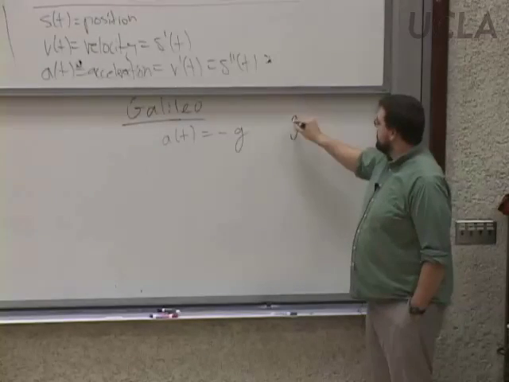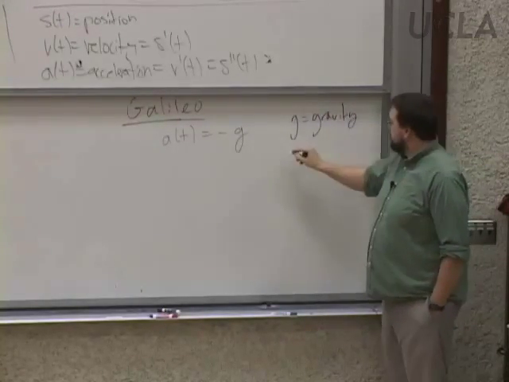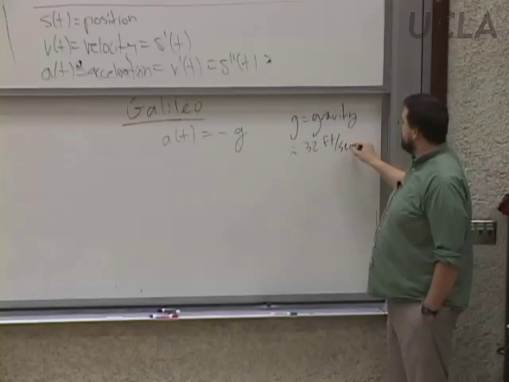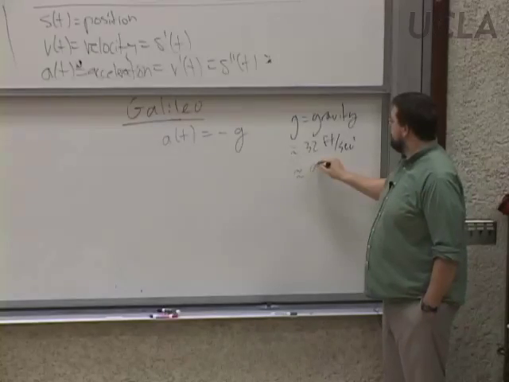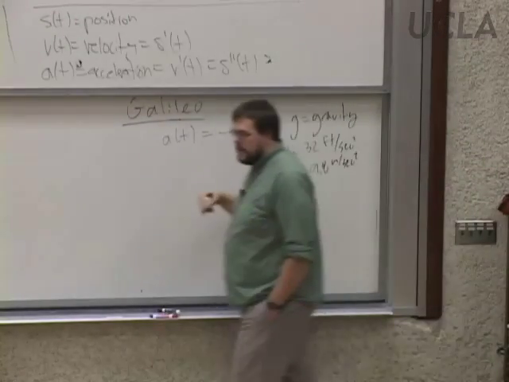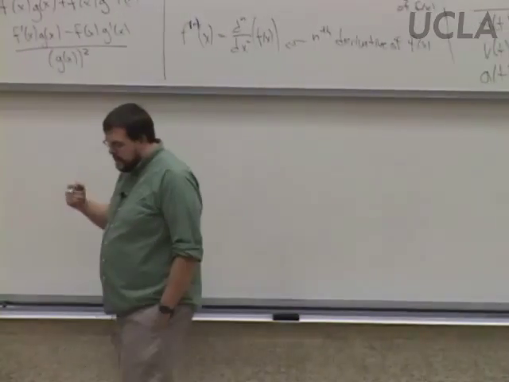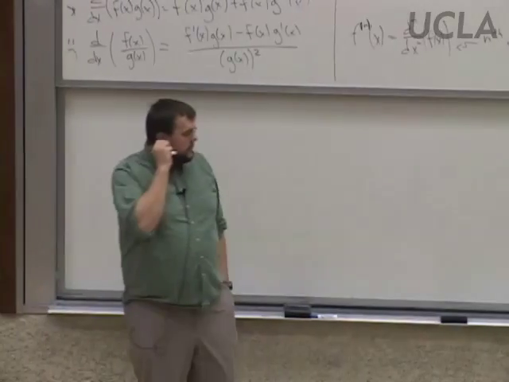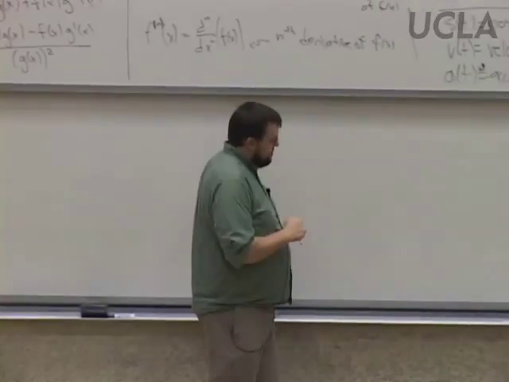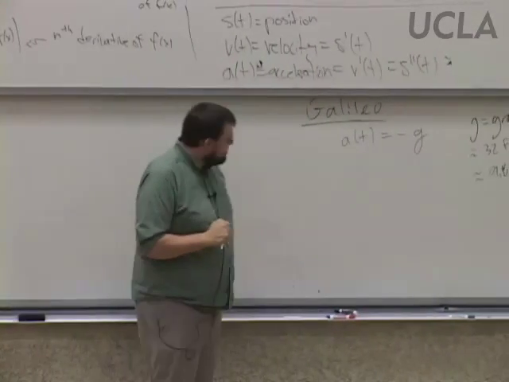And of course, we think of g as essentially gravity. It's roughly 32 feet per second squared, or 9.8 meters per second squared. These numbers, 32 and 9.8, came from taking measurements and experimentation. There's no universal reason why they're 32 and 9.8, at least not that I'm aware of. All right, so that's our acceleration.